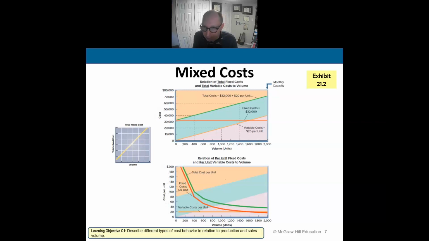Now I'm going to introduce mixed cost. Mixed, M-I-X-E-D, mixed. Mixed costs are a bit of a pain to understand, so I'll do my best. Mixed costs involve fixed plus variable components.